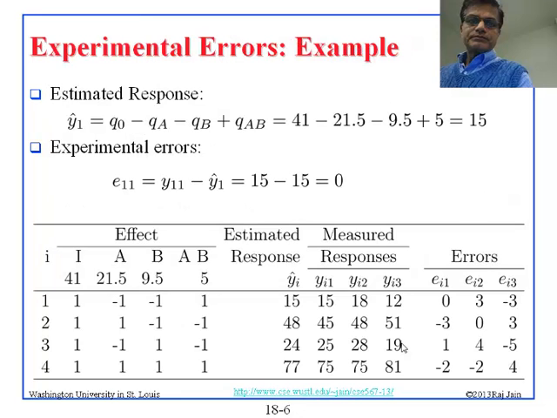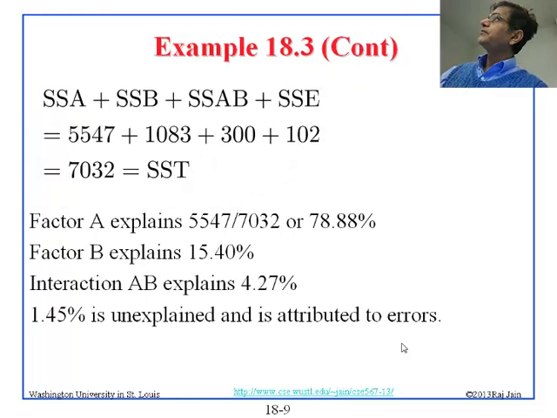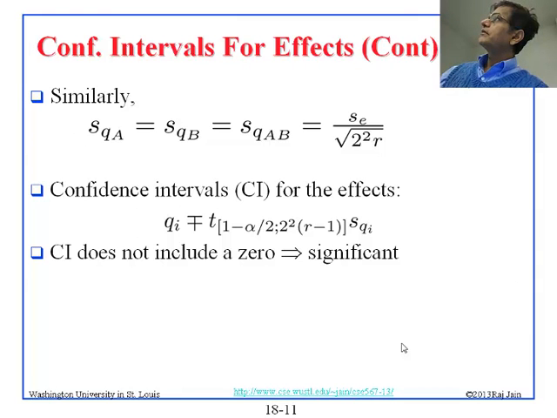You see here in this row, every row adds up to 0. 1 minus 1 minus 1 plus 1 is 0. This is 0, 0, 0. The coefficients of A, maybe this is not the right place.